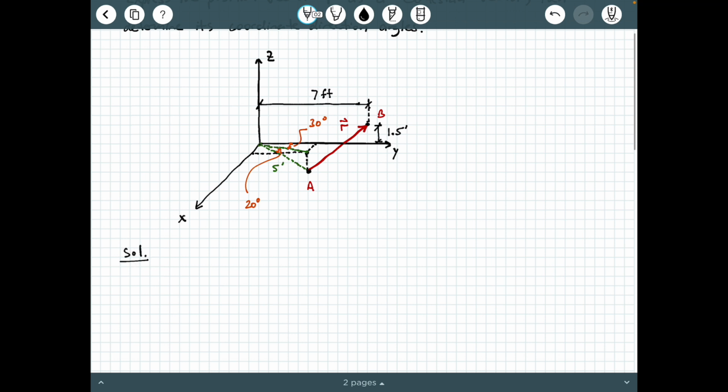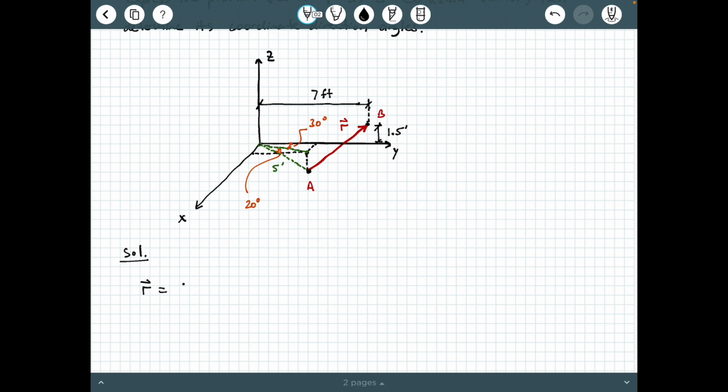What I'm going to do is say, okay, if I want a position vector in 3 dimensions, I'm going to say R equals, and what we do is we basically say the second point minus the first point, and we do that for our x, y, and z coordinates.